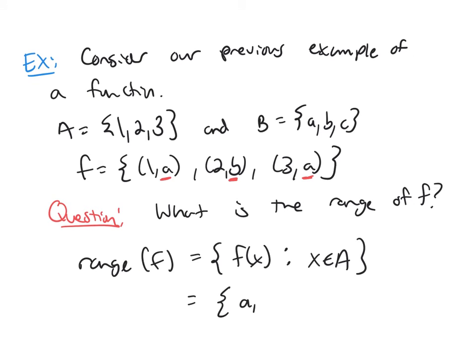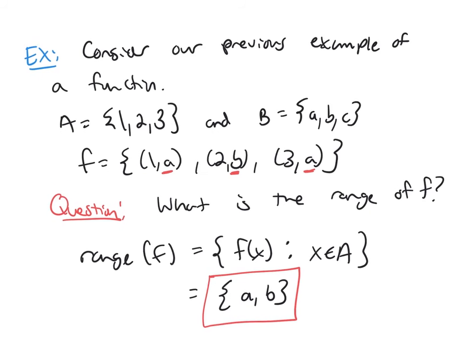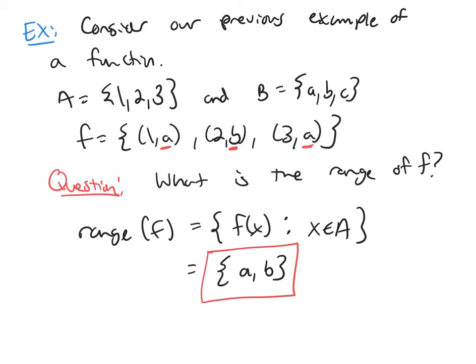So it's just the set with a and b in it. And there is my range of my function. So range, it's just the outputs of your function, or really, if you're thinking in terms of a relation, it's the second coordinates of your ordered pairs.